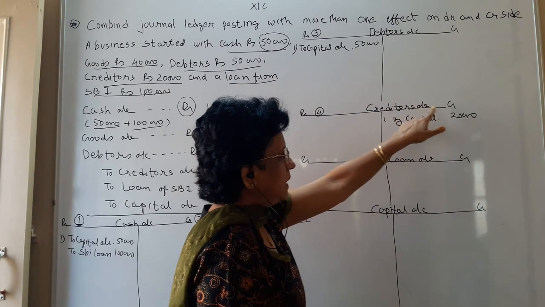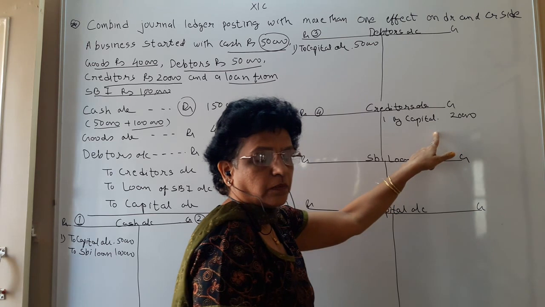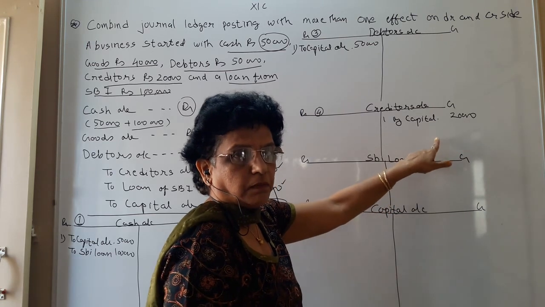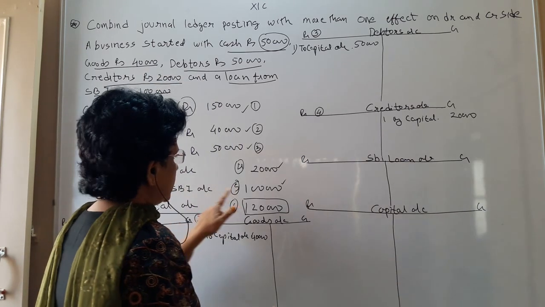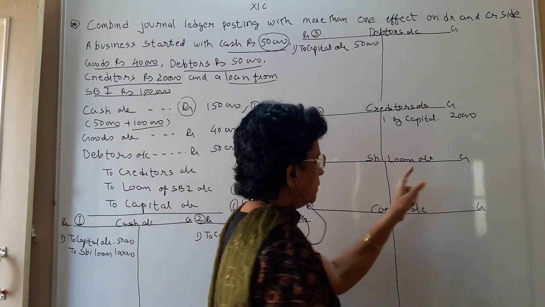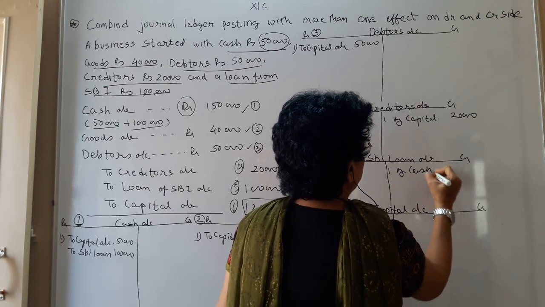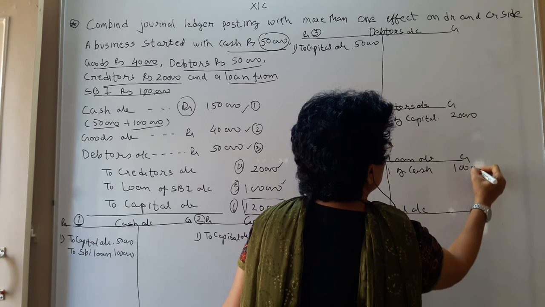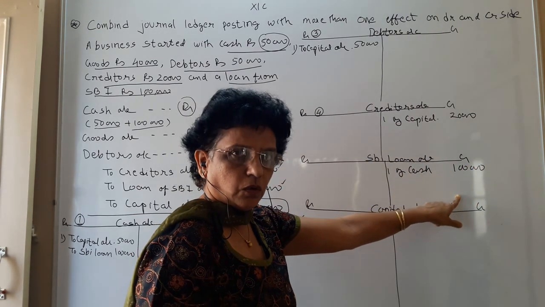So the liability is recorded on the credit side, and the owner has brought the liability into the business. Then you have the SBI loan. You have received a loan. How was that loan received? By cash. In the form of cash, you have received 1 lakh rupees towards the loan.